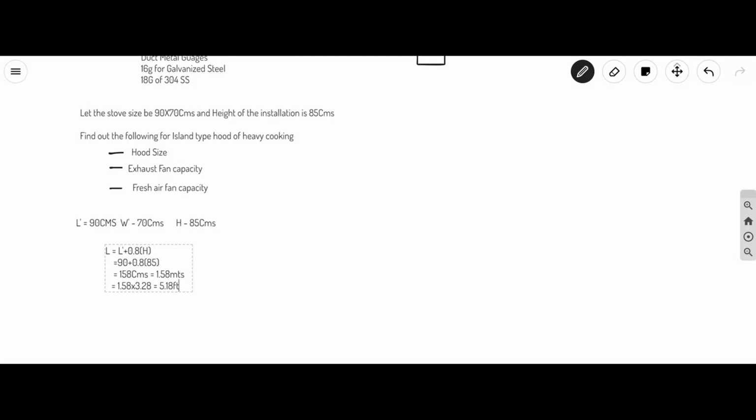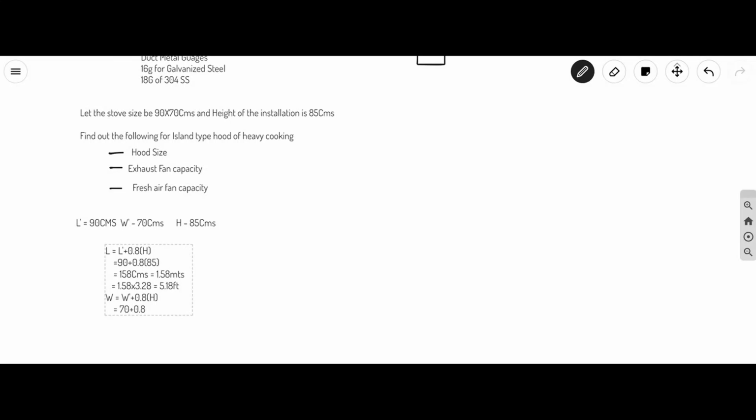Same, W equals W dash plus 0.8 into H. Therefore, W dash is 70 plus 0.8 into 85.